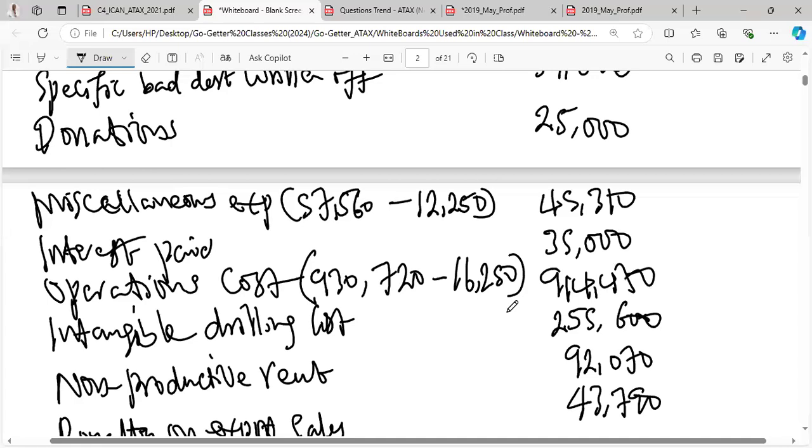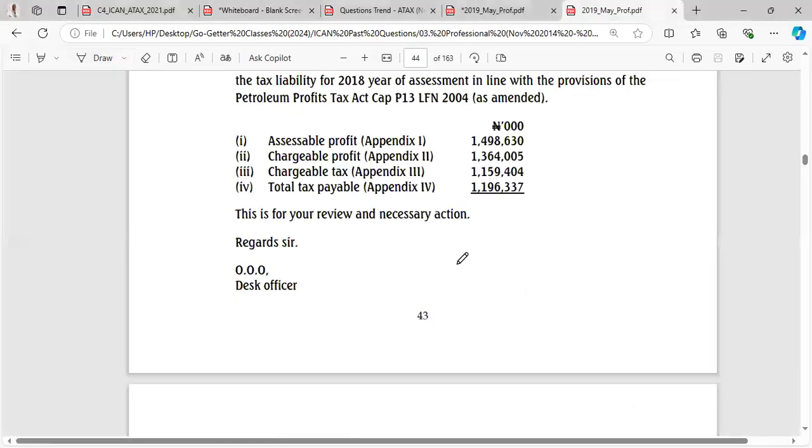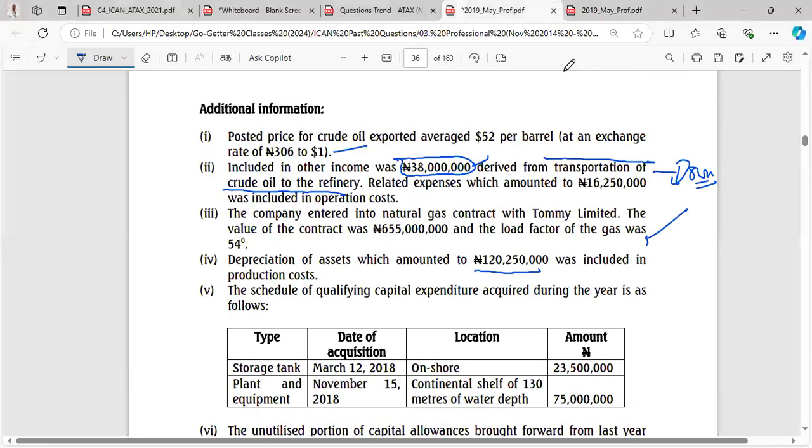Okay. So the difference here between this and this here is, the difference is just 16, what's that figure again? 16,250. Is this 16,250? That's the difference.